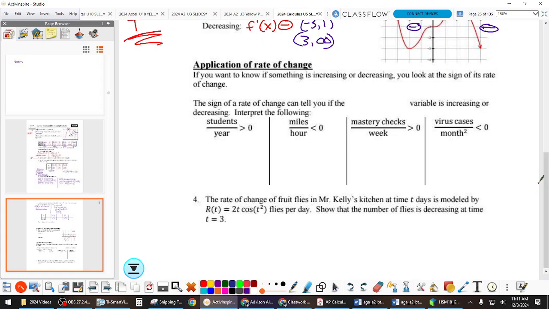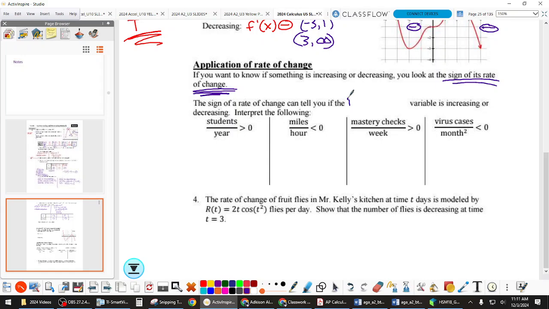So, okay, this one, back into application. So we already know this. If you want to know if it's increasing or decreasing, look at the sign of the rate of change. And what is changing in there? This next phrase, the sign of the rate of change can tell you what variable is increasing or decreasing.